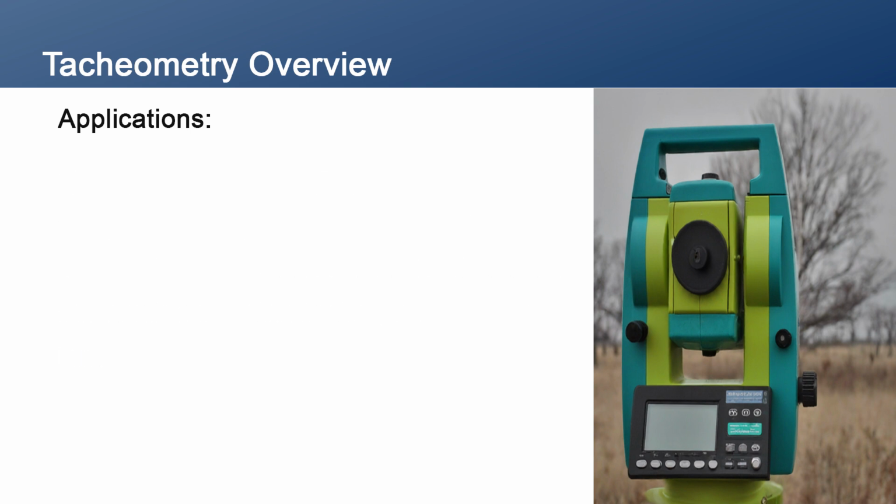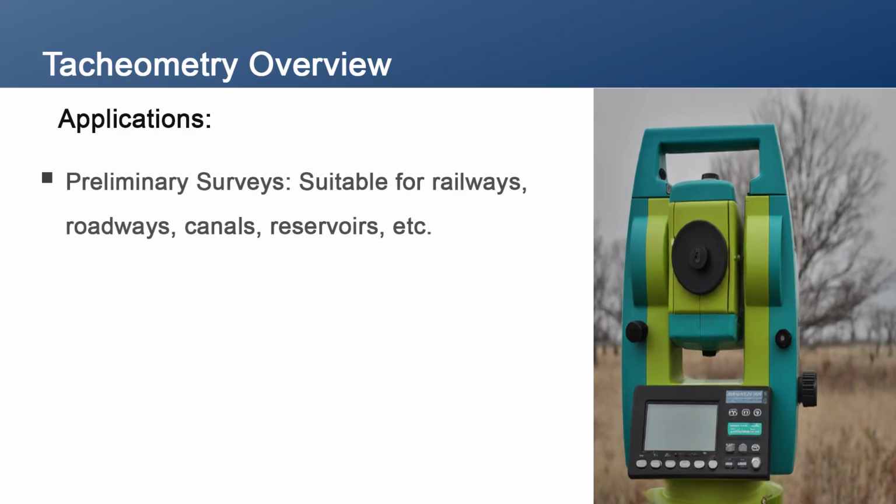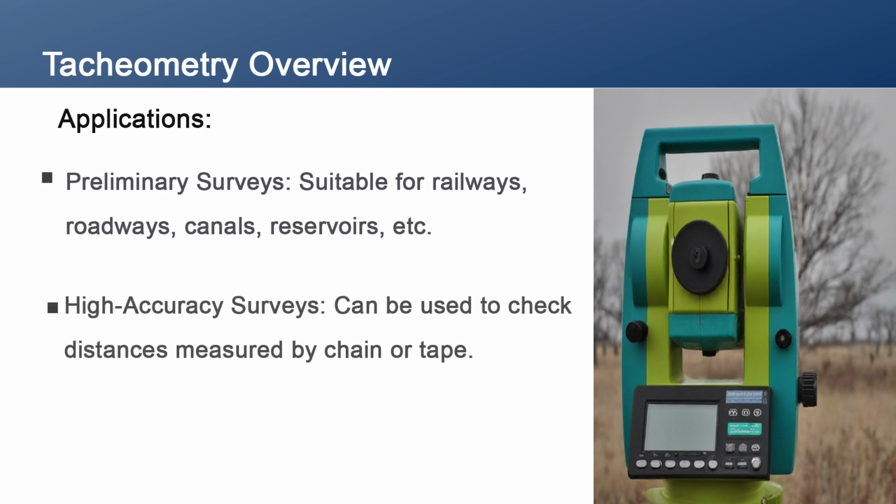Next, tacheometry is also suitable for preliminary surveys, particularly for large infrastructure projects like railways, roadways, canals and reservoirs. It allows surveyors to quickly assess the terrain and gather necessary data, making it an efficient choice for early stage planning. Additionally, tacheometry can be employed in high accuracy surveys to check the distance measured by chain or tape. This ensures precision in the measurements and helps identify any discrepancies that might have occurred with traditional methods.